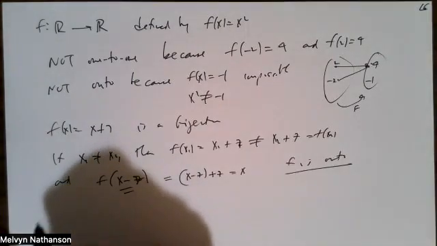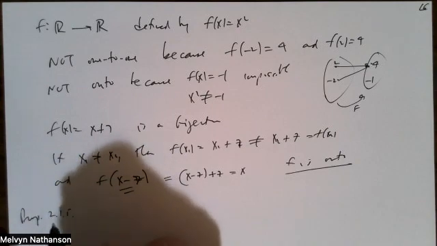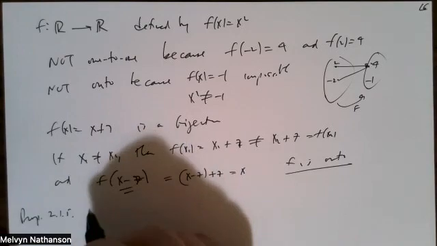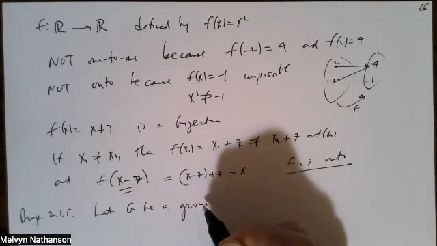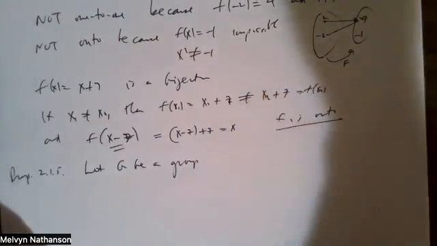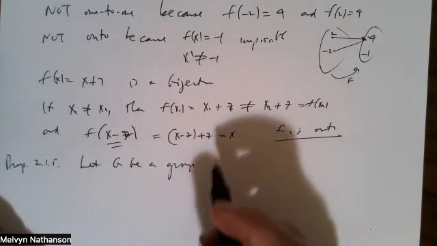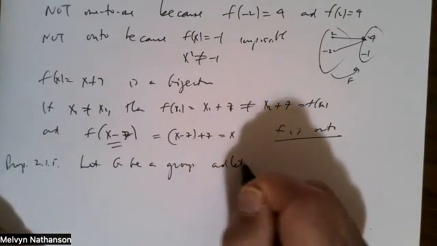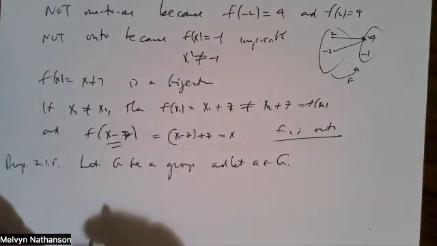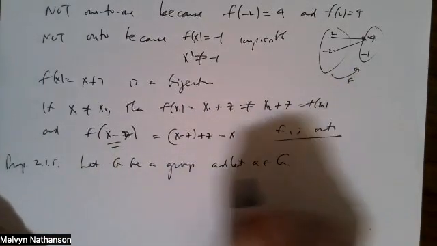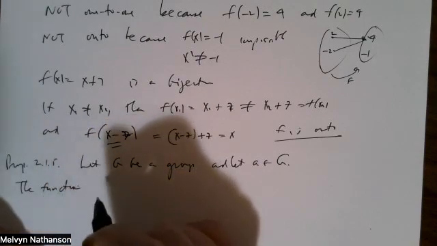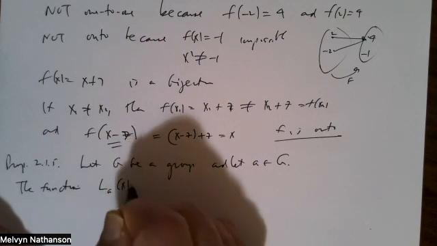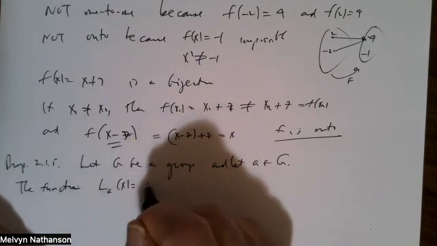Proposition 2.1.5 says the following. Let G be a group and let A be an element in the group G. The function, I'll call it L sub A of x, defined by L sub A of x is AX.